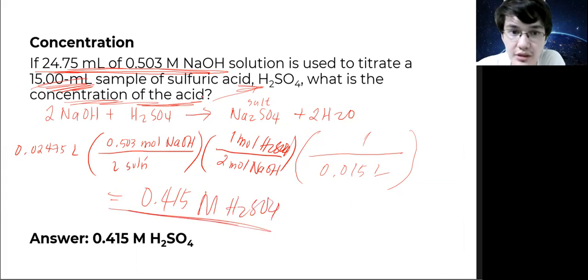So we just convert it, in such a way that we can determine the concentration of the unknown solution.